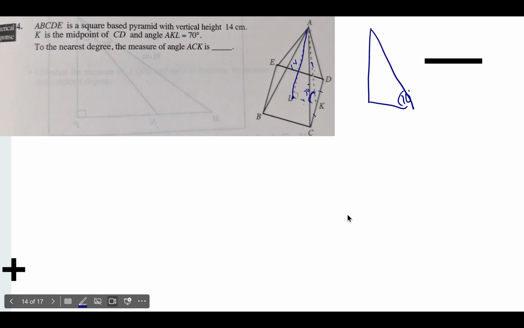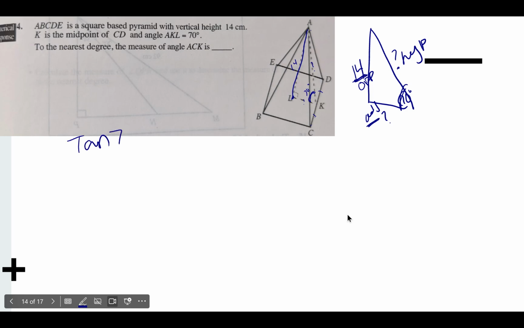This is 70 degrees. We want this side and we're going to want this side, and we know this side is 14. So labeling your sides from your angle, you have opposite, adjacent, and hypotenuse. Let's find your adjacent side first, setting up a ratio with the side you have and the side you want to know. So we're going to use tan.